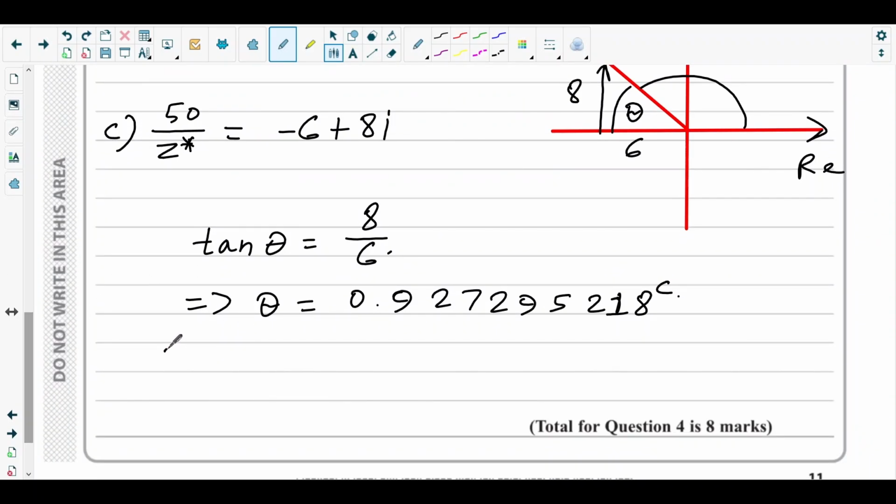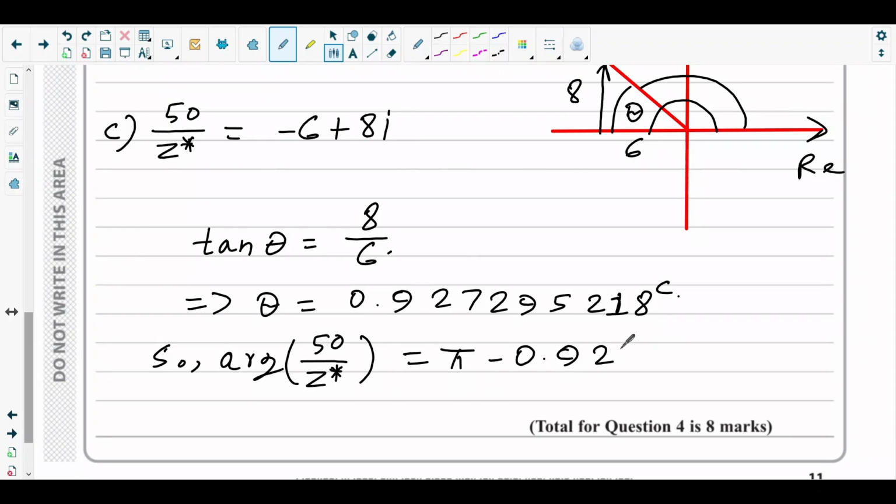Therefore, the argument of 50 over z star is pi minus theta. So pi minus 0.92729521 radian. That would be 3.1416 minus 0.927 and so on, the value you can see on the screen.